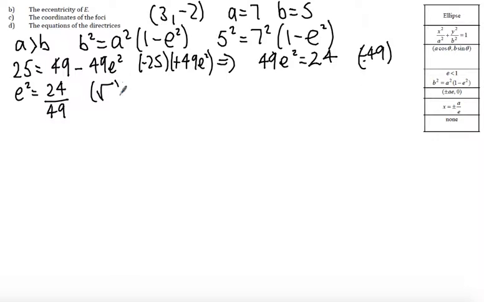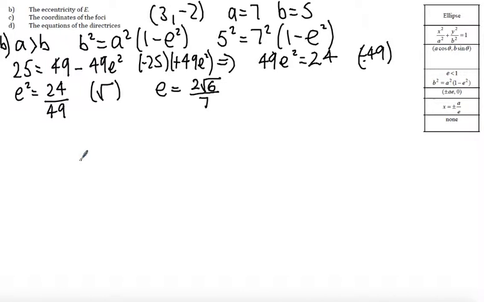Remember, it's just a positive square root, so I get e equals, square root of 49 is 7, square root of 24 can be simplified because it's root 4 times root 6, so I get 2 root 6, over 7. Okay, so that was part B, that was finding the eccentricity.